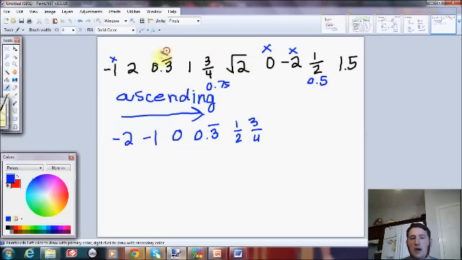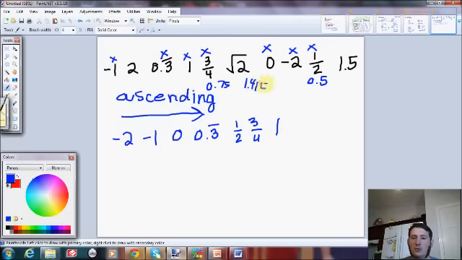And so we use that, and that, and then we're ready for 1. And that was probably the hard part for this particular list of numbers. Now we're ready to take out and make sure we get all these numbers that are greater than 1. We've got 2, 1.5, and square root of 2. Maybe you need to check a calculator, but I know that square root of 2 is about 1.4.